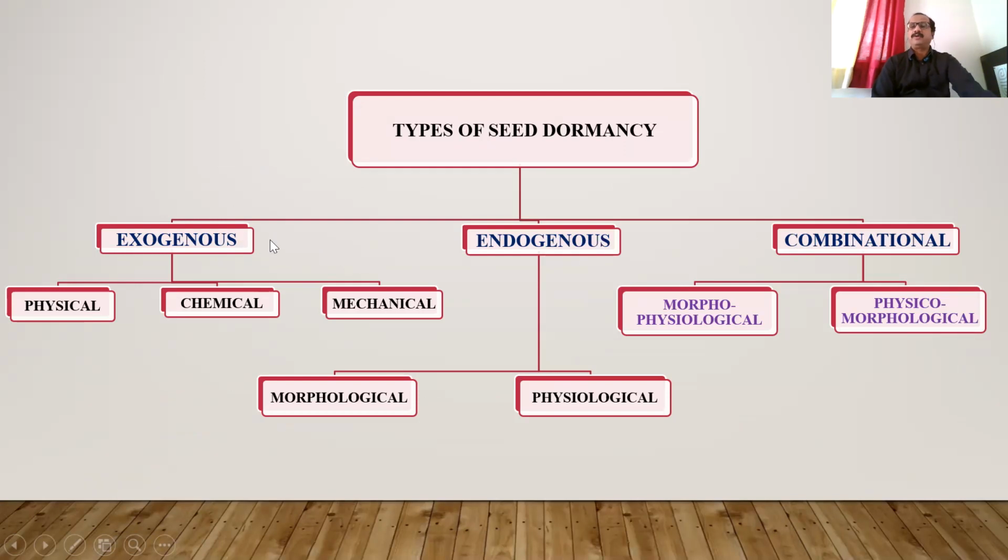So exogenous or external factors, it doesn't concern the outer environmental factors, but in fact, when you consider a seed, the seed is called a matured or ripened ovule. After fertilization, the ovule is converted into seed, and the ovary is converted into the fruit.